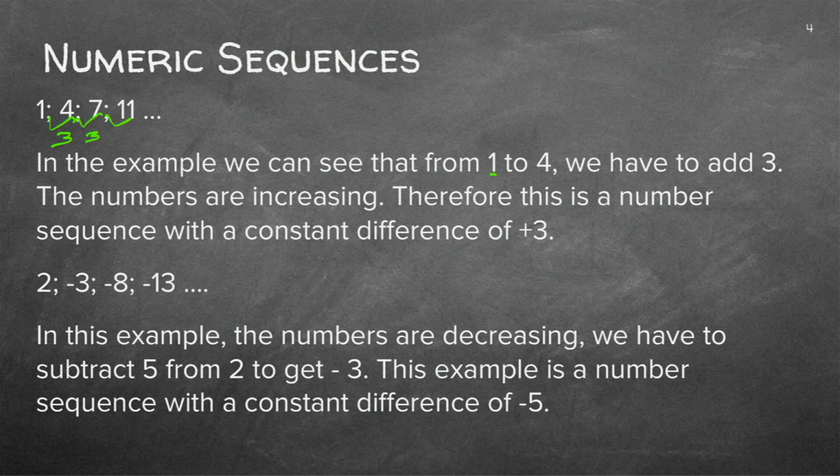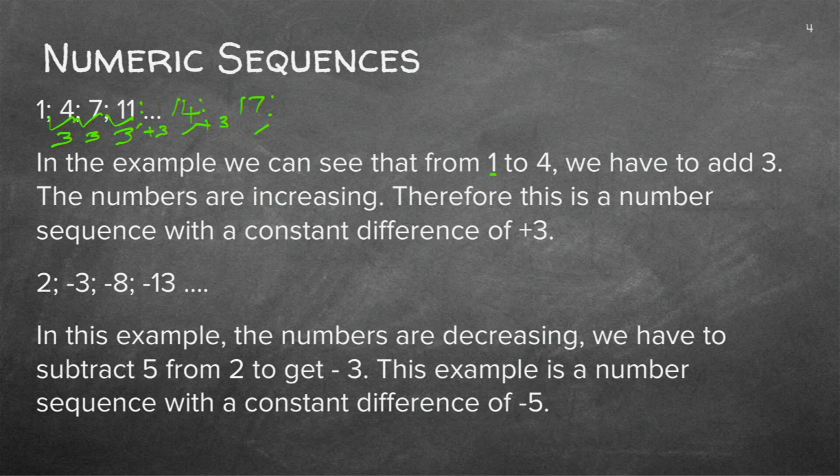And from 7 to 11, we've got a +3. So there's our pattern, right? The numbers are increasing and they always increase by +3. So that is why it will be easy to do the next one. 11 plus 3 is going to give us 14, plus 3 is going to give us 17, and then we're just going to put our semicolons if we want to continue with the sequence.